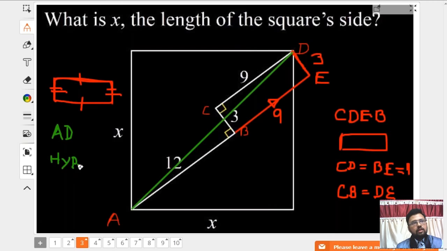Triangle AED. Because this was a rectangle, this is 90 degrees, so angle AED is 90 degrees. So what can we say using Pythagoras theorem? We can say that AD square is equal to AE square plus ED square.